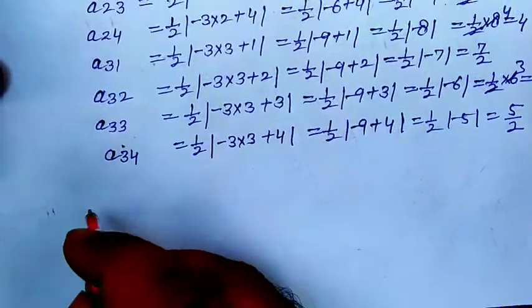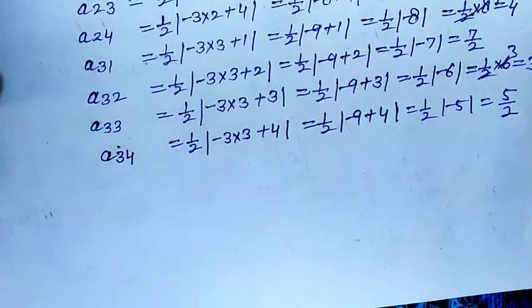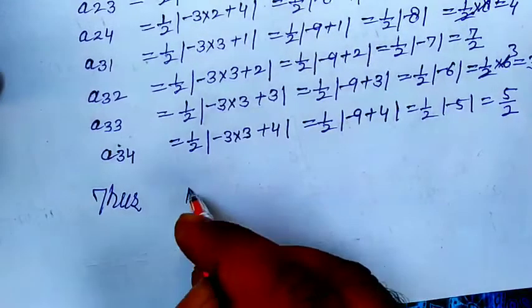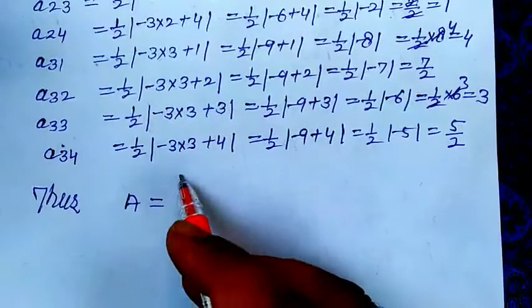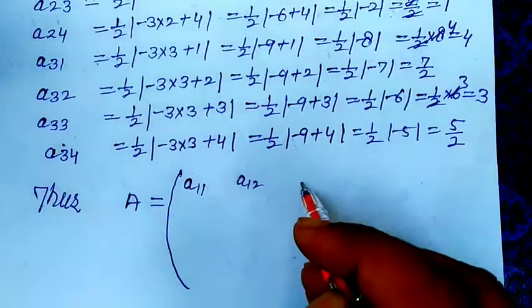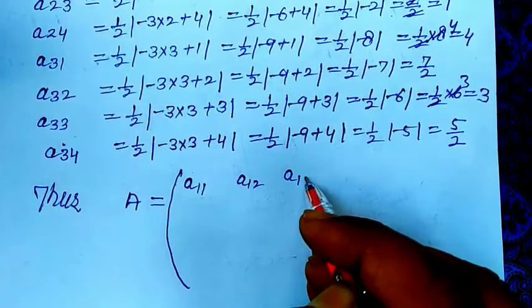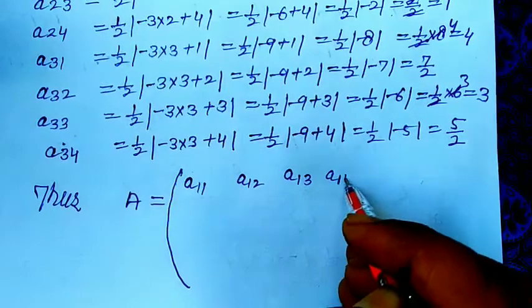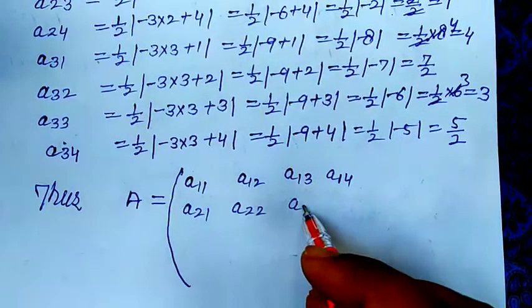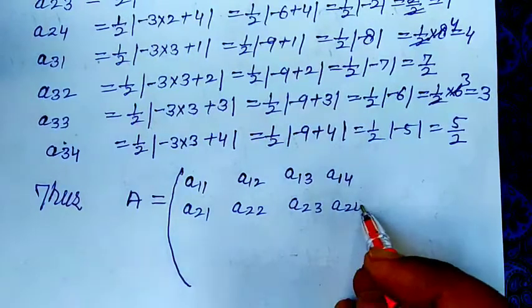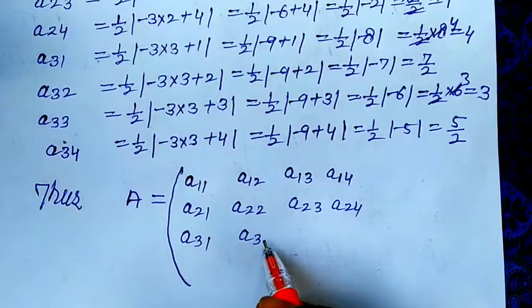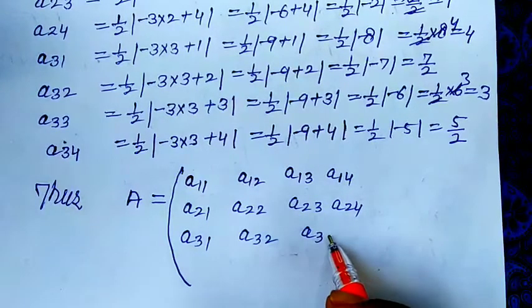So now we can write A equals A11, A12, A13, A14, same as A21, A22, A23, A24, A31, A32, A33, A34.